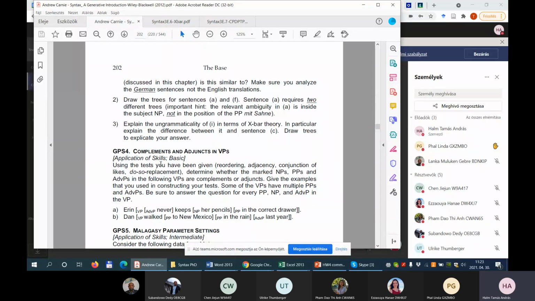I think you cannot say Dan did so to New Mexico. That's weird. So I would say, if I'm fully honest with you, that just like in the correct drawer in A is somehow between complement and adjunct, in the same way to New Mexico in B is between complement and adjunct. Ideally something is either a complement or an adjunct, but there are situations where some phrase is sort of halfway between these two extremes. But that's more advanced material.